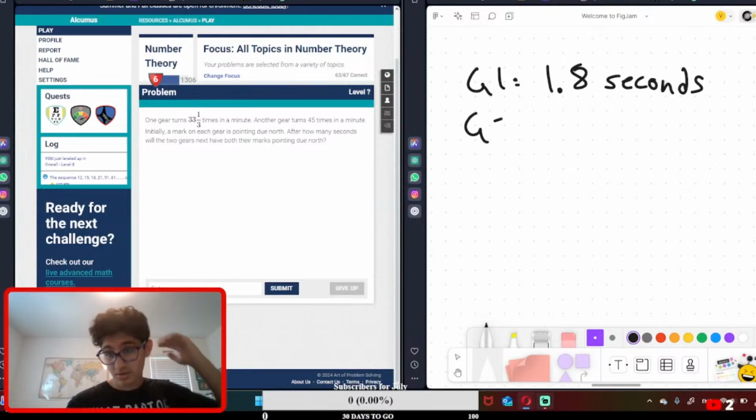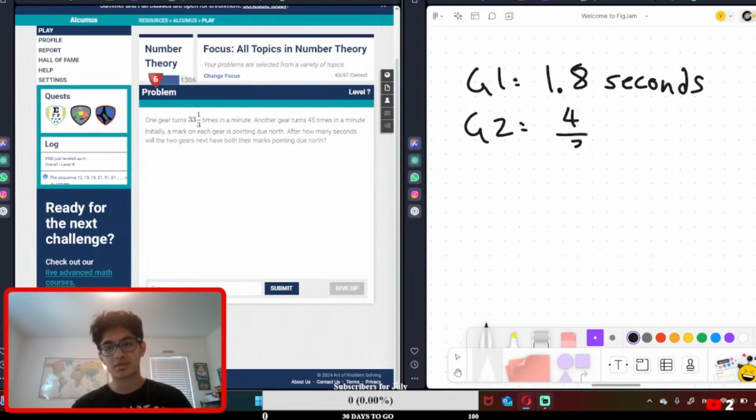For gear two, you can do 45 in 1 minute, which means it's 60 over 45, which is 4/3 of a second. And okay, let's write this as a fraction too. 1.8 is 9 over 5, right?